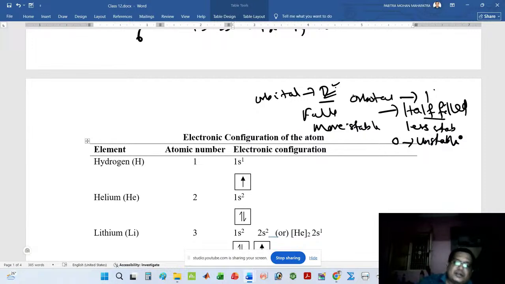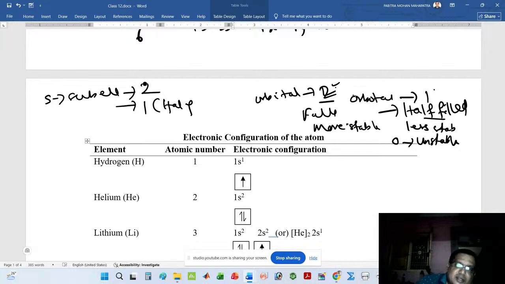So remember this point. Similarly, think about the s subshell. An s subshell has a maximum of two electrons. If an s subshell has one electron, that is half filled. If it has two electrons, that is full filled.